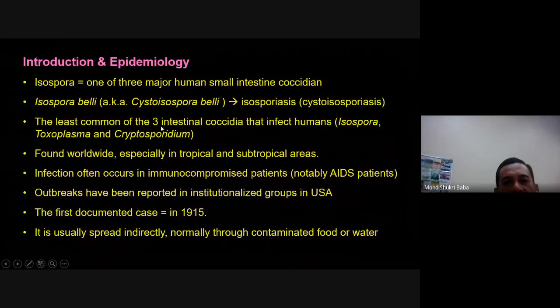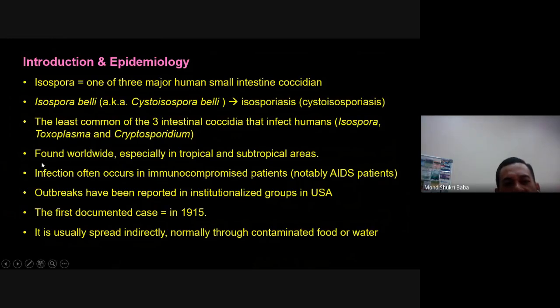So kita ada tiga intestinal coccidian that infect human, which is Isospora, Toxoplasma, and also Cryptosporidium. Isospora is the least common, yang paling jarang berlaku, that infect human.